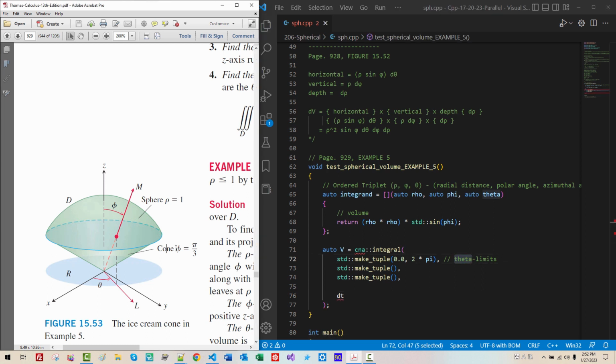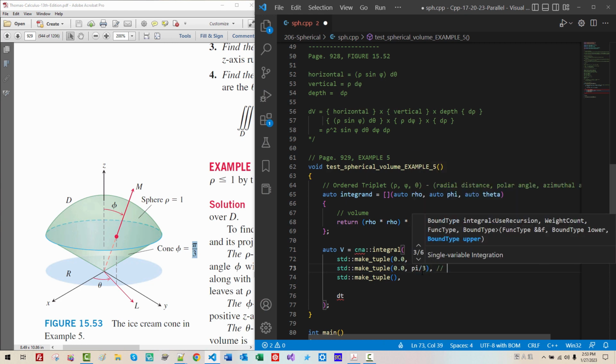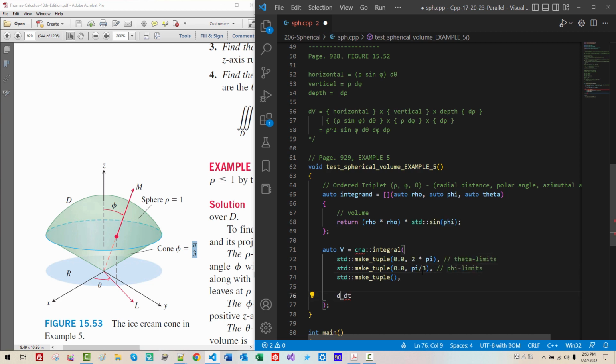Then phi runs with respect to the z-axis. This point is 0. It runs downward up to pi over 3. So 0.0 to pi over 3. These are the phi limits, d phi.